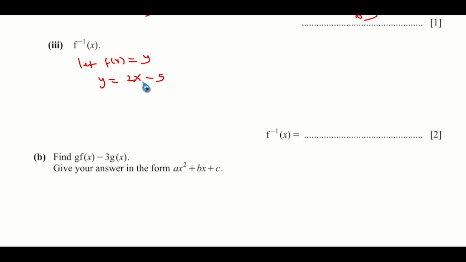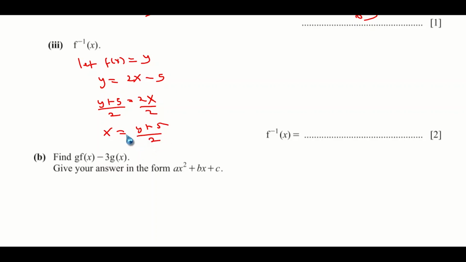Let's make x the subject of the formula. This will be y plus 5 equals 2x. If I divide both sides by 2, x will be equal to y plus 5 over 2.